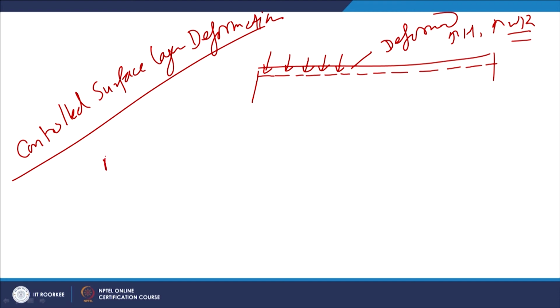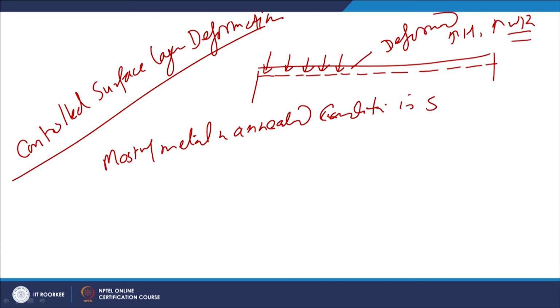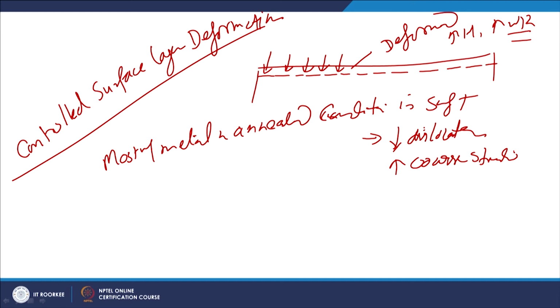Like most metals in annealed condition are soft. It happens due to the very limited number of dislocations and very coarse grain structure, as well as the presence of more stable soft phases.